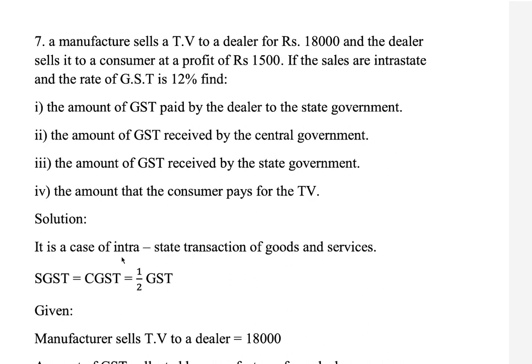So in case of intra-state transaction of goods and services, you know that CGST is half and SGST is half of the total GST, which is 12%. So 6% will go to the central and 6% will go to the state government. So 18,000 is the price of the TV.